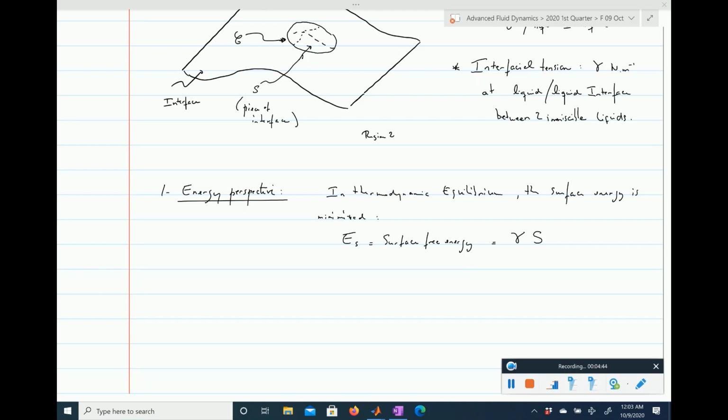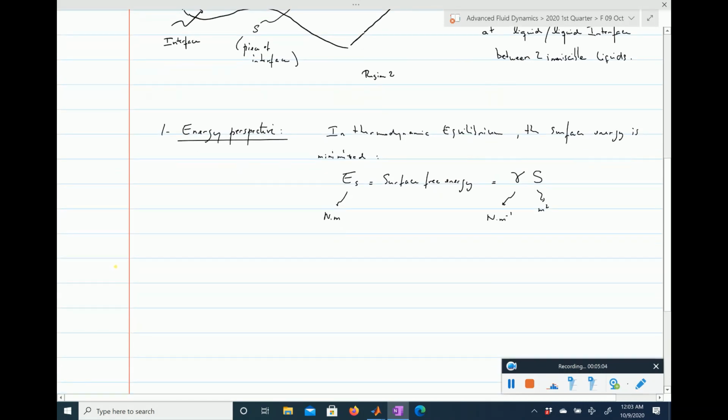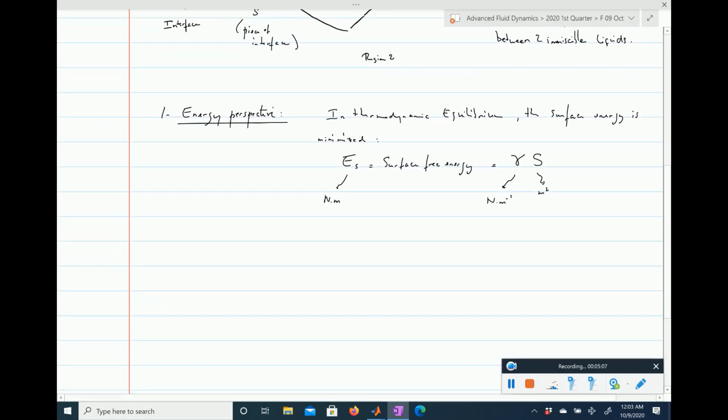Here note that this is an energy, so it's in joules or in newtons times meters. Your surface is in meters squared, such that your surface tension is in newtons per meter. So you can think about the surface tension as a force within the interface which makes sure that the interface has a minimal surface area.